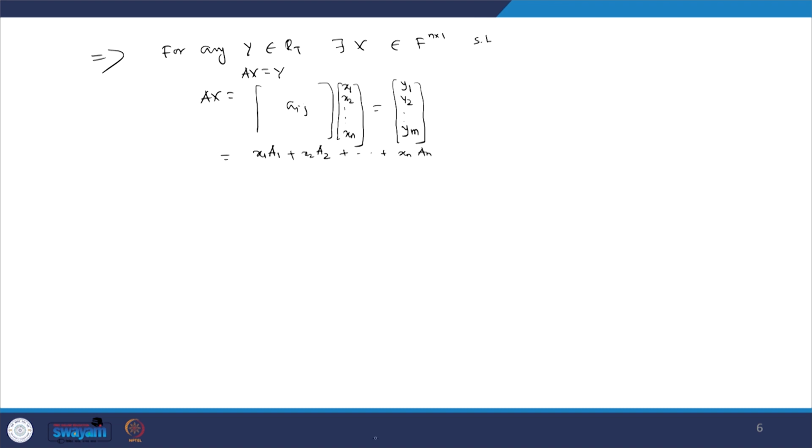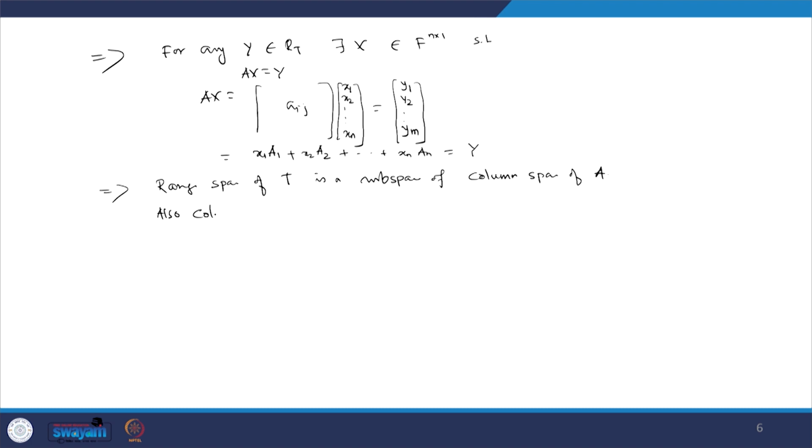So, I can say this is equal to capital Y. So, this implies the range space of T is a subspace of the column space of A.